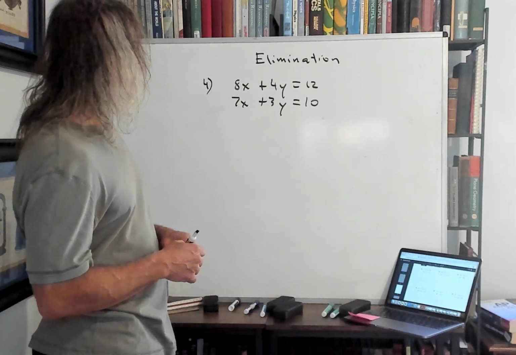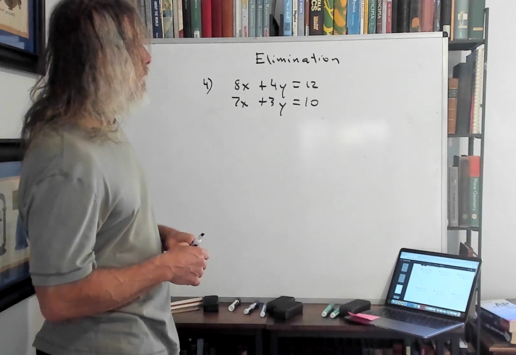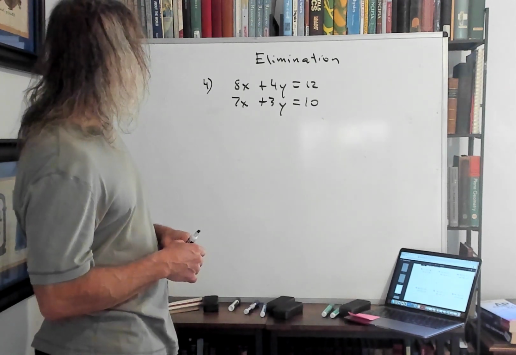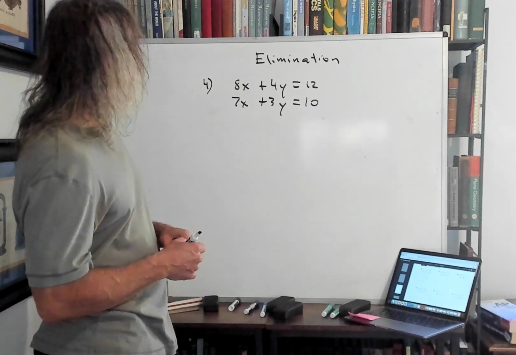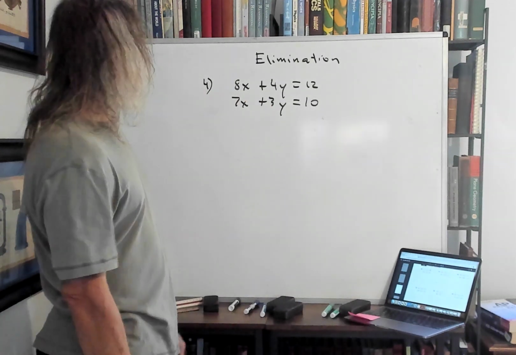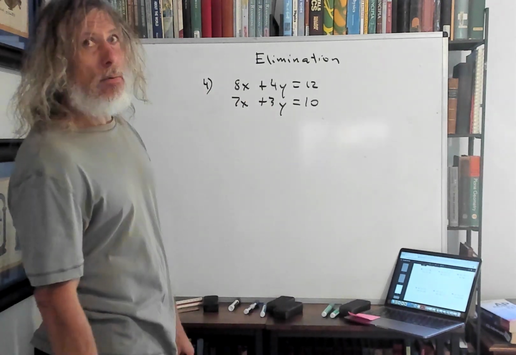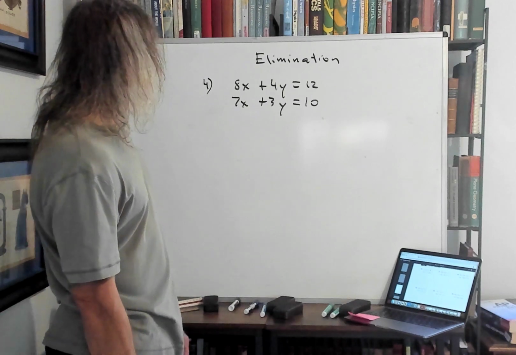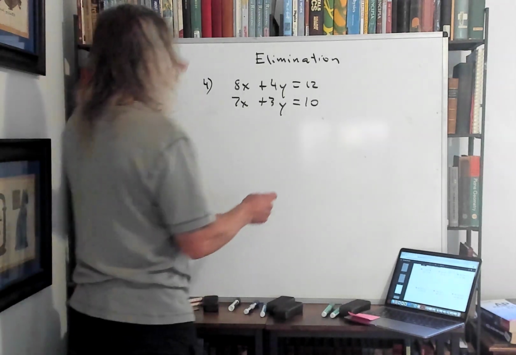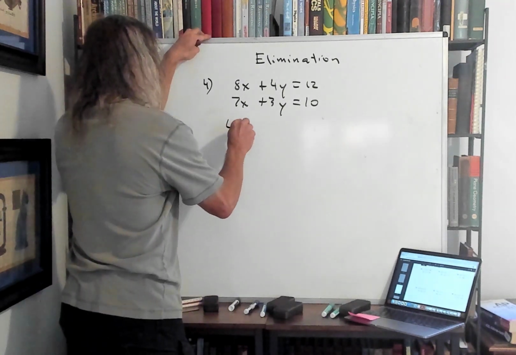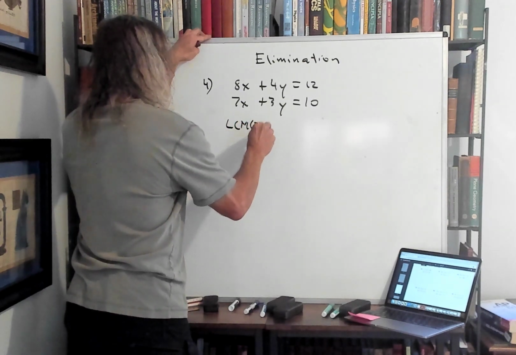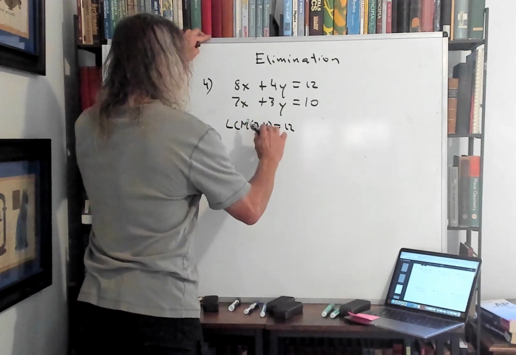We need to decide which variable we want to get rid of and then get the LCM of those. So we can do this one again. If we want to get rid of the y's, we get the LCM of 4 and 3. LCM of 3 and 4 is 12.